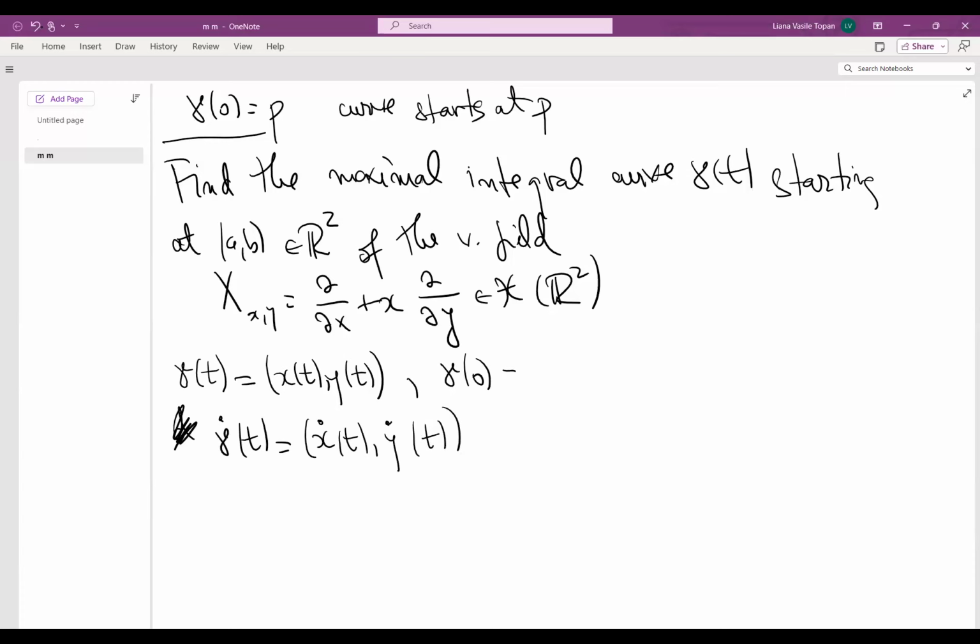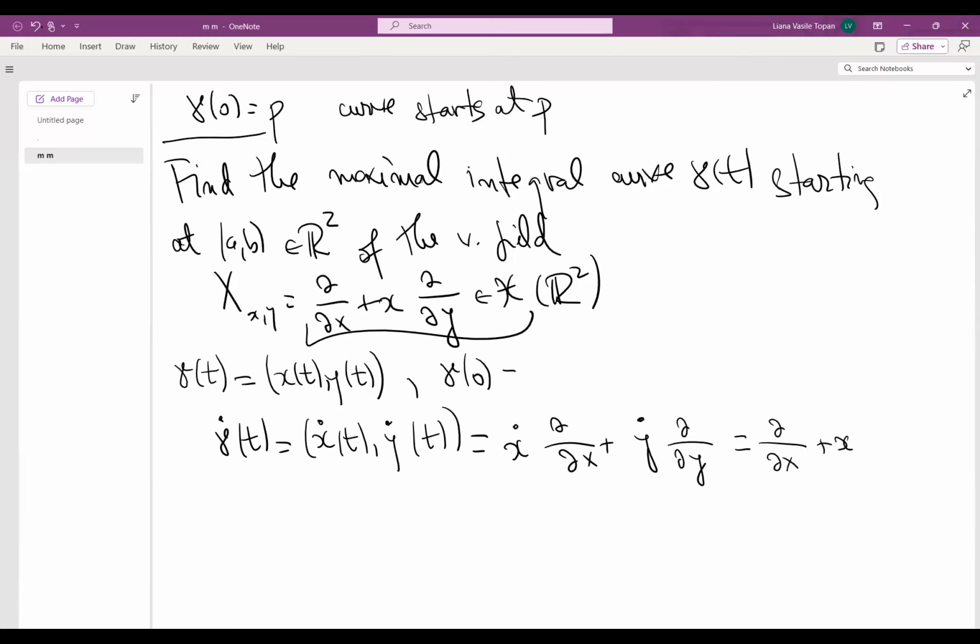This is the same as writing x dot partial over partial x plus y dot partial over partial y, an alternative way to write a vector, with components or as a linear combination of the elements of the basis. And this has to be the vector field, partial over partial x plus x partial over partial y. Okay, so let's see what we get. We get x dot equals 1, and y dot equals x.